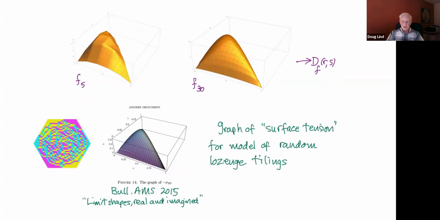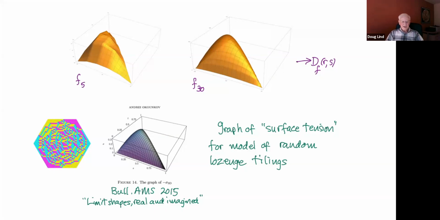If you do this with more points, the points become more and more densely distributed. And here's the illustration for 30 points, the 30th decimation, starting to look like a very nice smooth surface. Now, there's an interesting coincidence because Okounkov published a really cool survey article on random surfaces in the Bulletin in 2015.